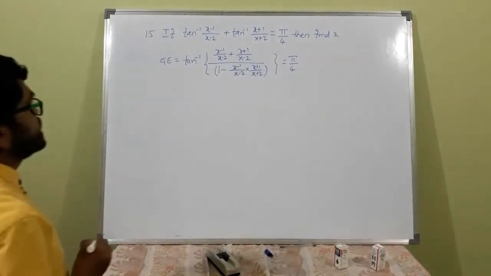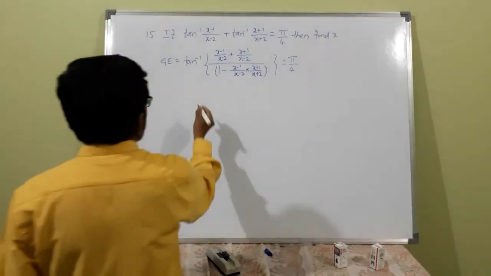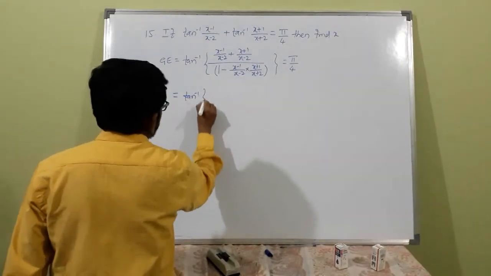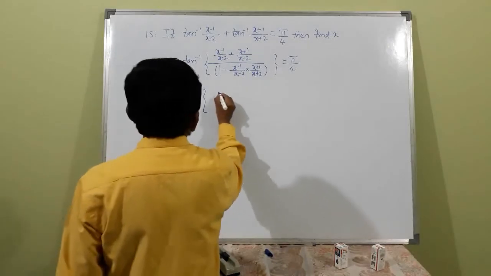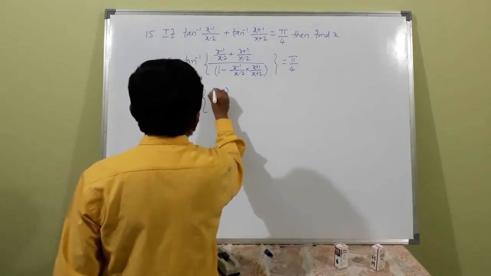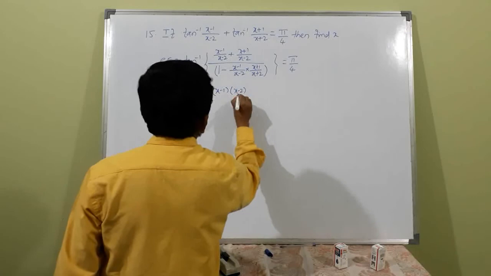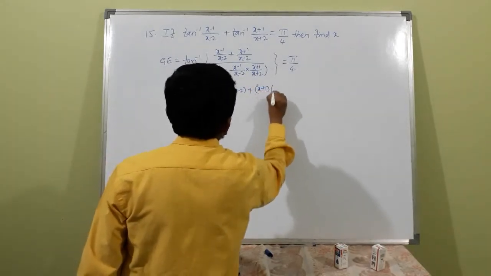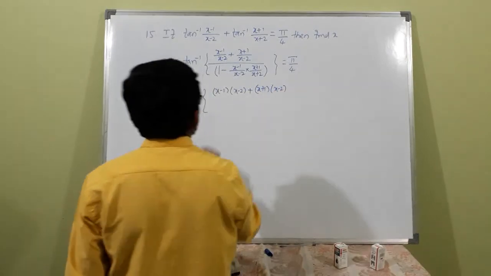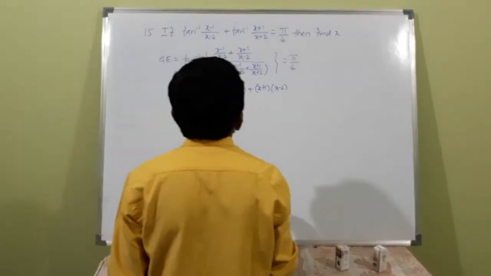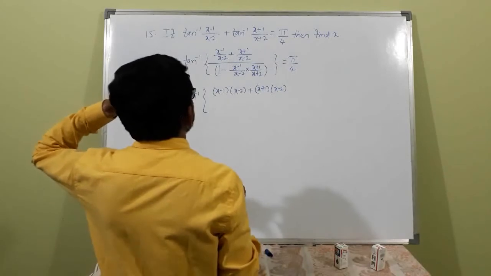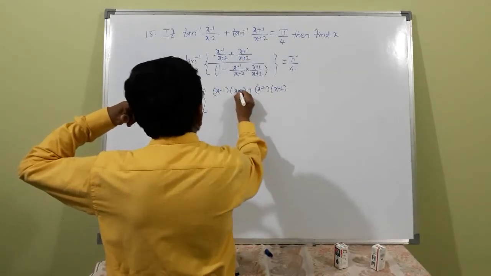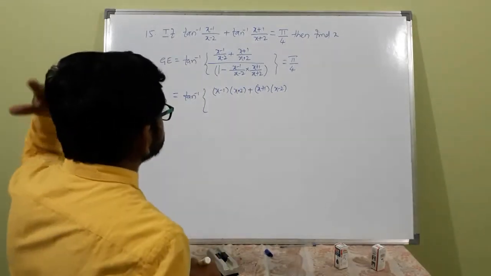This is given. So if you simplify here, tan inverse of x minus 1 into x plus 2 plus x plus 1 into x minus 2, divided by, so this is 1 now.